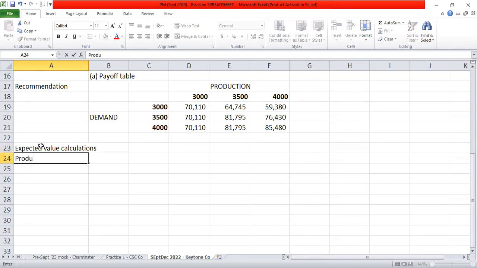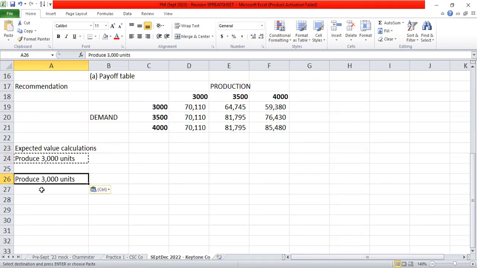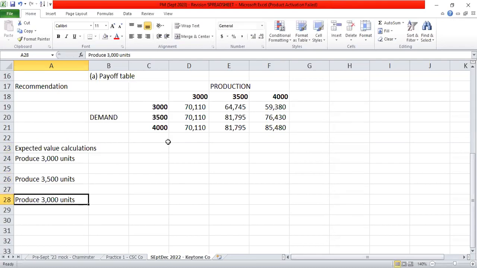When we produce 3,000 units versus when we produce 3,500 units versus when we produce 4,000 units.